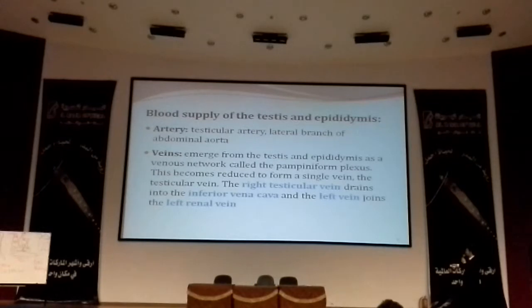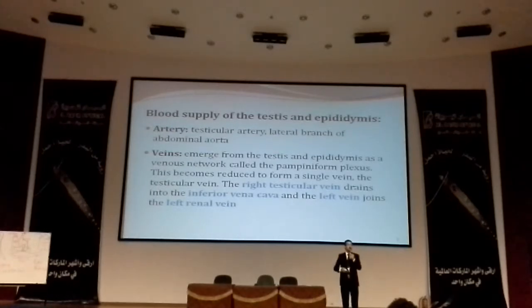About the blood supply, you know that the blood supply for the testis and epididymis is the testicular artery, either right or left. But what about the vein? The right testicular vein drains to what?